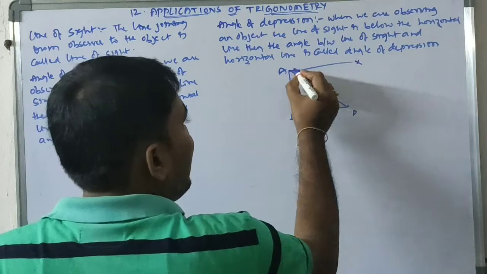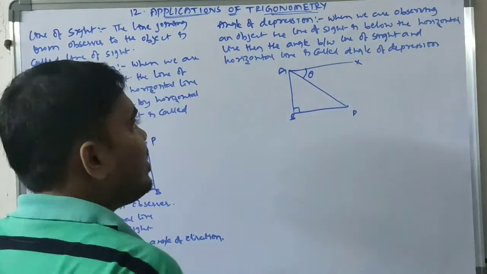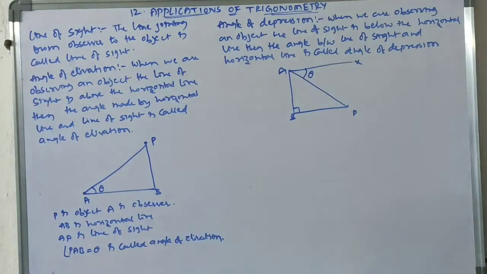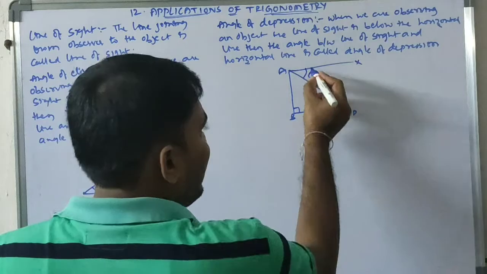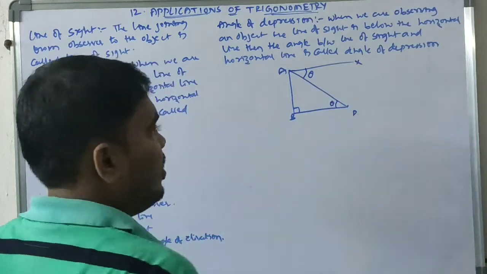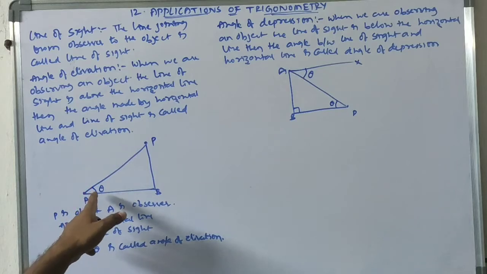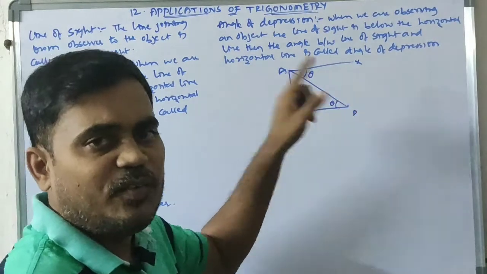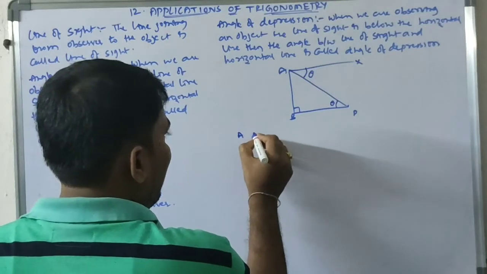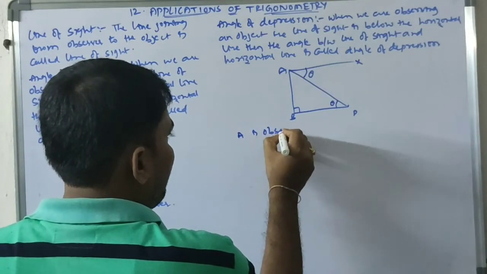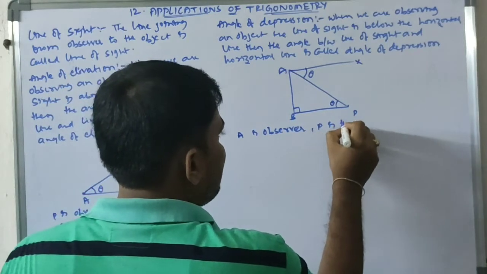The angle theta between the horizontal and the line of sight is called the angle of depression. Since these two are parallel lines, this angle and this angle are equal. That is why the angle of elevation is equal to the angle of depression. Here A is the observer and P is the object.